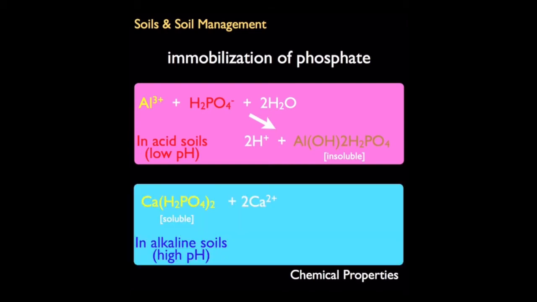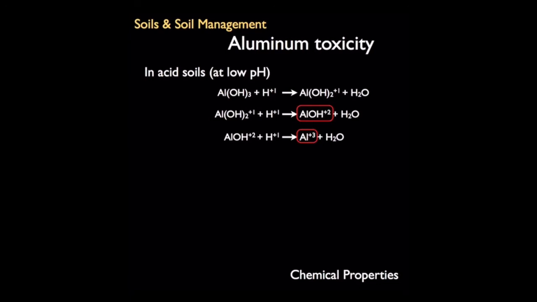At high pH, phosphates combine with calcium ions in the soil solution to form insoluble calcium phosphate. Below pH 5, the concentration of hydrogen ions is high enough to promote exchanges with the aluminum ions that, in more neutral soils, are rather tightly held at cation exchange sites.